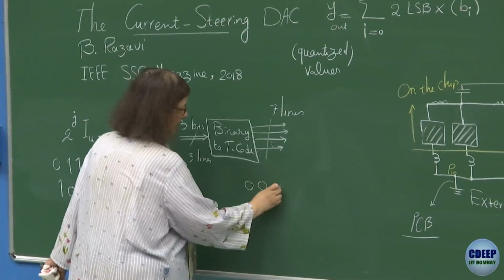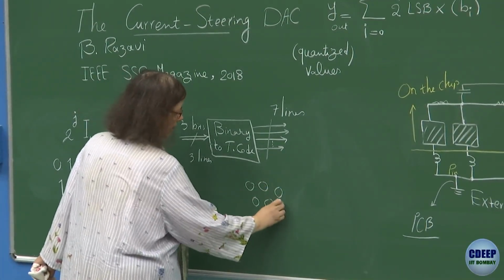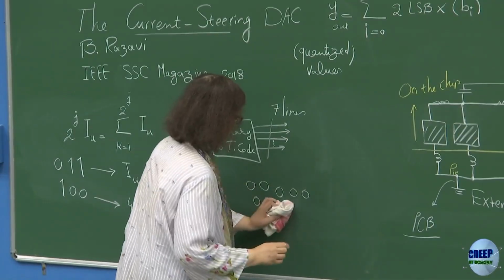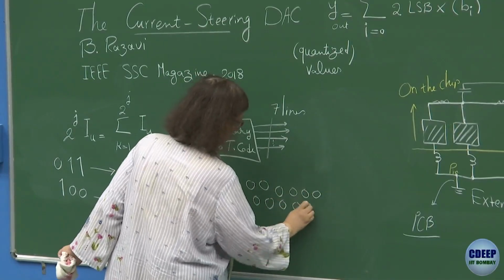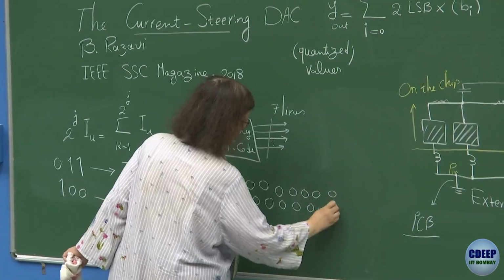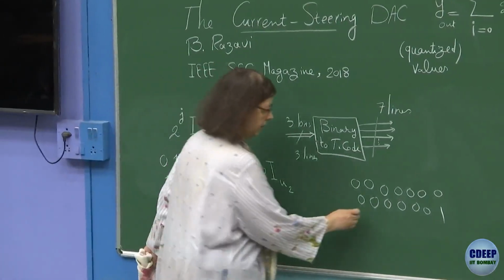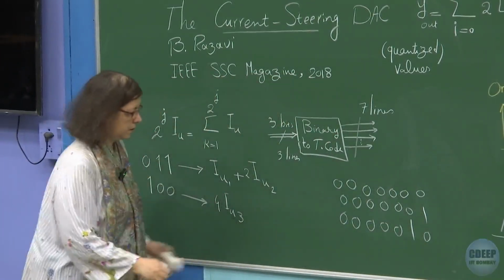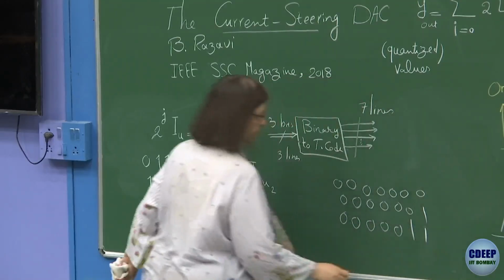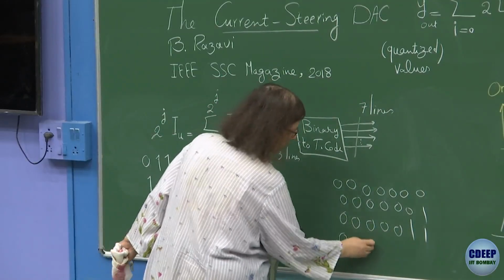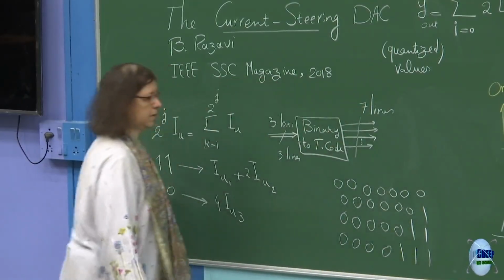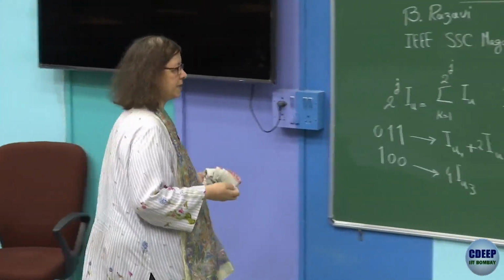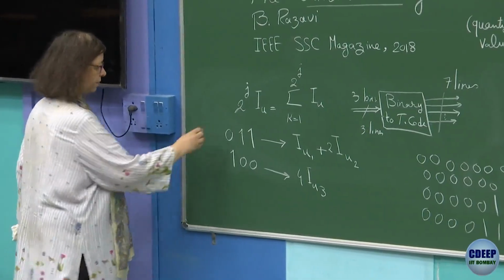So 0 is this, 1 is this, 2 is 2 ones, and then 3 is 3 ones, and so on. Therefore, when you move between two consecutive codes, only one bit will change. So this problem now will be solved.